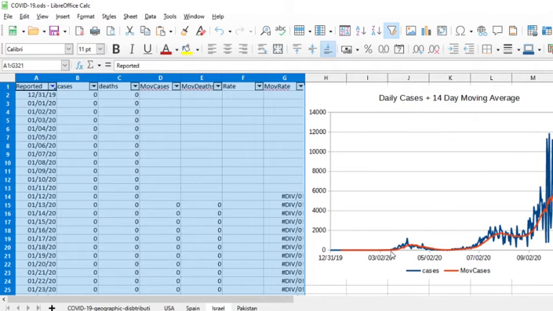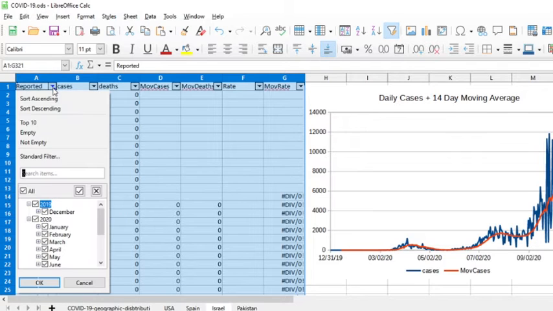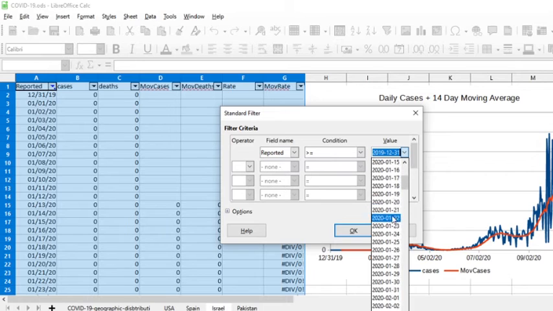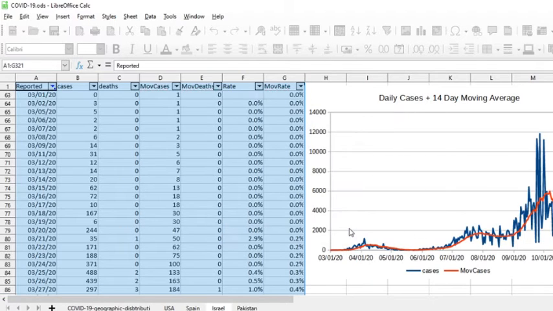So let's start with 3-1 and see what Israel looks like.